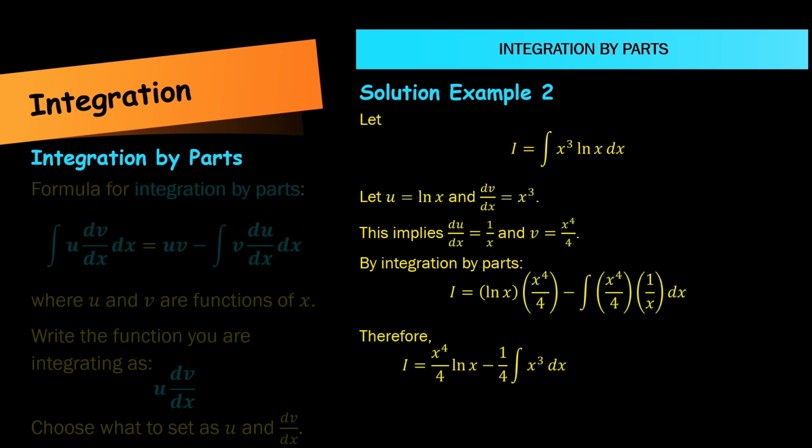So tidying up, we have x to the power 4 over 4 ln x minus a quarter integral x cubed dx. This gives us x to the power 4 over 4 ln x, as we can see here, minus a quarter x to the power 4 over 4, plus the constant of integration.